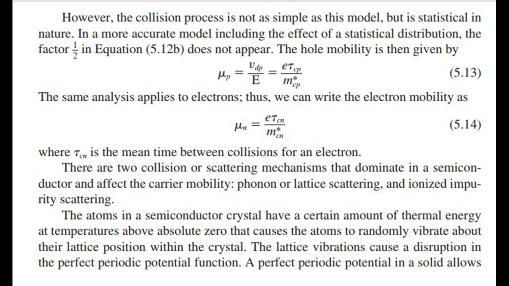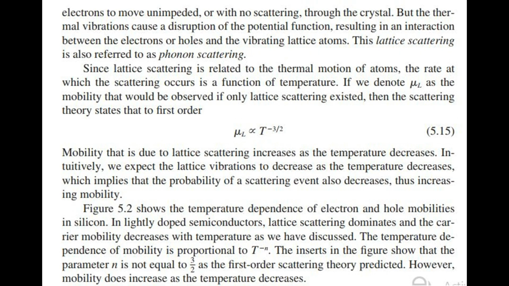A perfect periodic potential in a solid allows electrons to move unimpeded, or with no scattering, through the crystal, but the thermal vibrations cause a disruption of the potential function, resulting in an interaction between the electrons or holes and the vibrating lattice atoms. This lattice scattering is also referred to as phonon scattering.